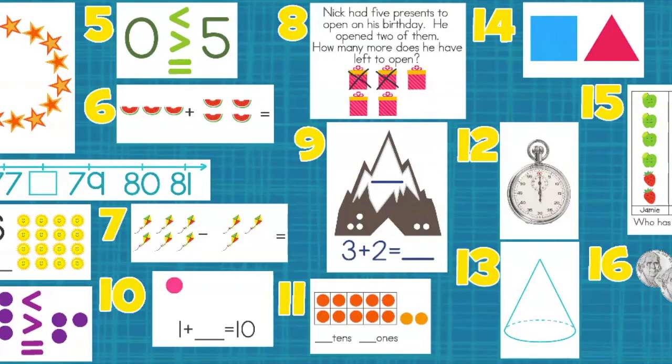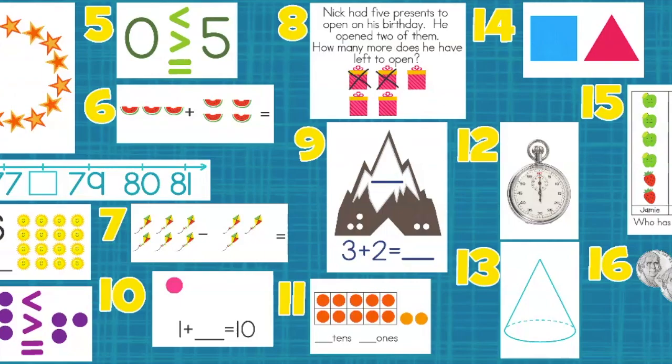All right. So let's look at our mountain math today. Looking at number 1, how many stars do we see? Let's count them. We're going to start right here. 1, 2, 3, 4, 5, 6, 7, 8, 9, 10, 11, 12, 13, 14.